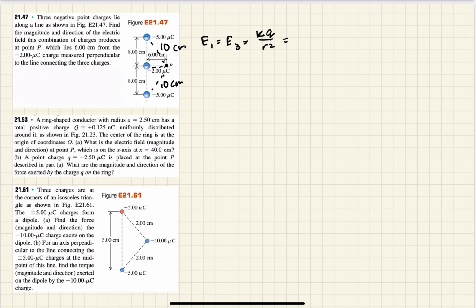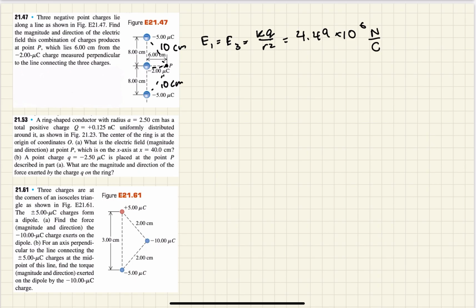And k we know is 8.99 times 10 to the power of 9. Q is 5 times 10 to the power of negative 6 because micro is negative 6. And the distance is 10 centimeters, which is 0.1 meters. And so you plug all that into this formula, you get 4.49 times 10 to the power of 6 newtons per coulomb. That's the unit for electric field.